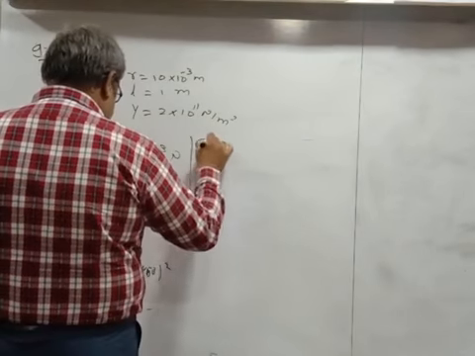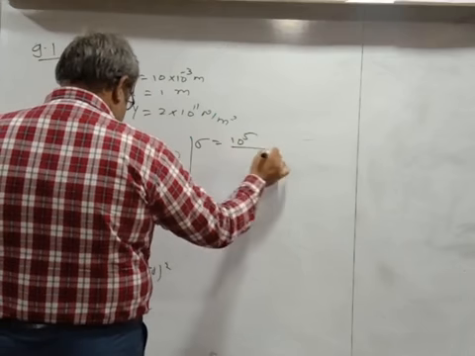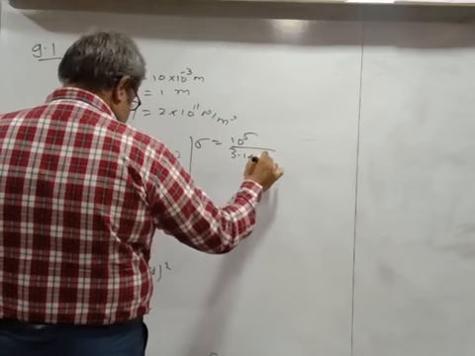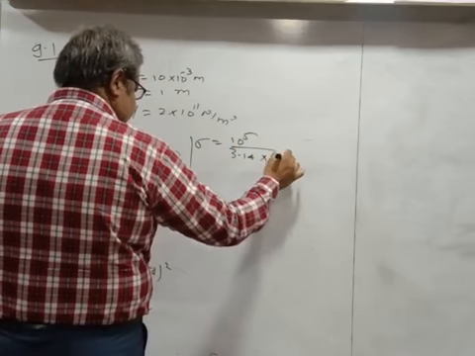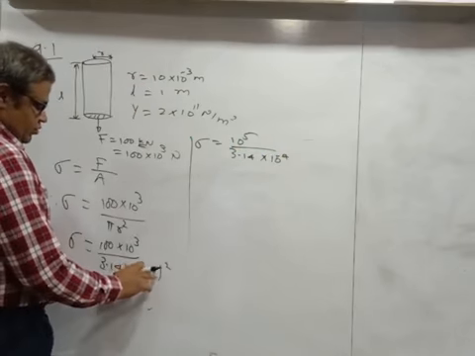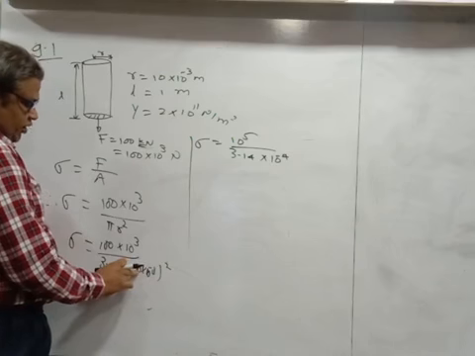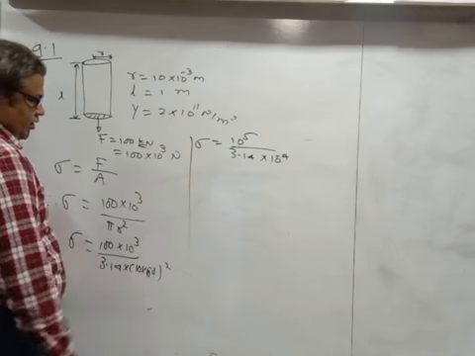So sigma is equal to 10⁵ divided by 3.14 into 10⁻⁴. 10 × 10⁻³ is 10⁻², whose square is 10⁻⁴.